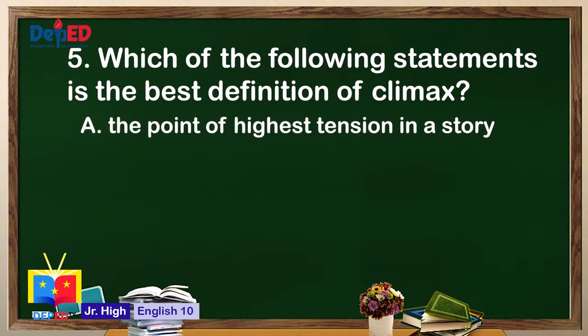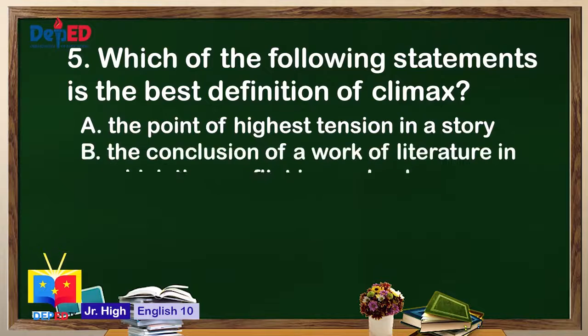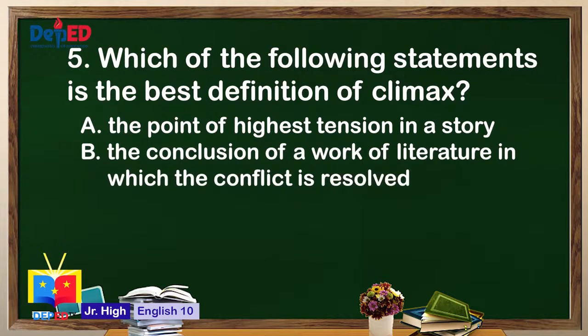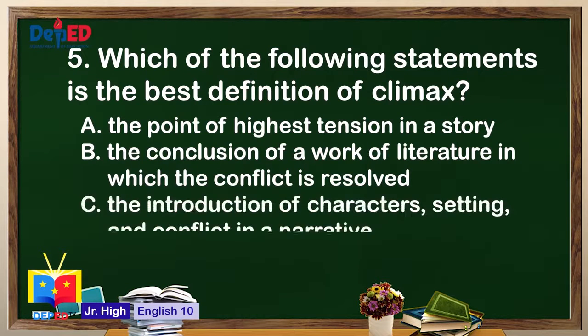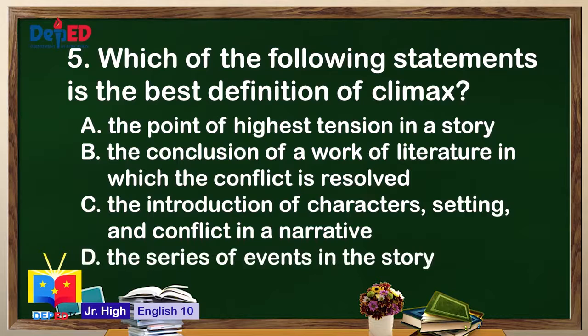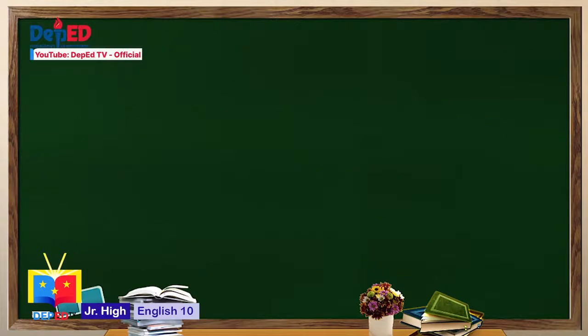Is it letter A, the point of highest tension in a story? B, the conclusion of a work of literature in which the conflict is resolved? C, the introduction of the characters, setting, and conflict in a narrative? Or letter D, the series of events in the story? You have 10 seconds to complete your answers.